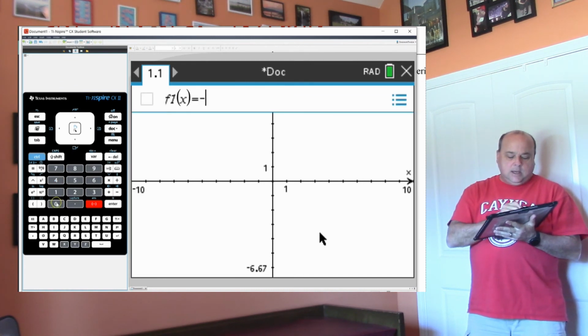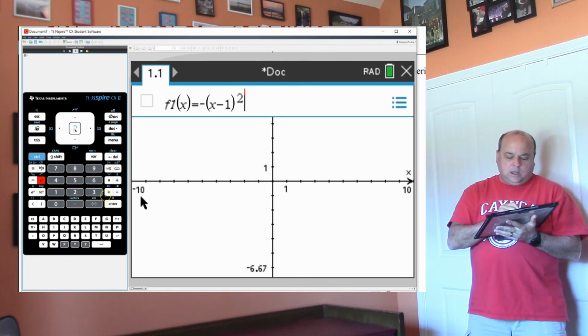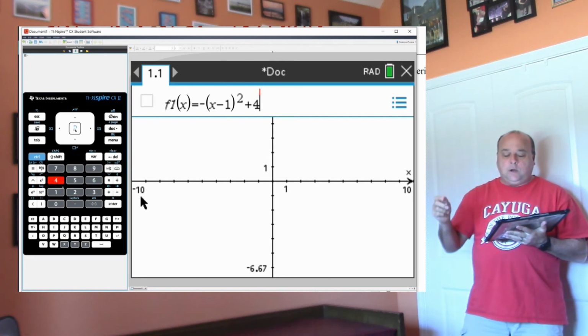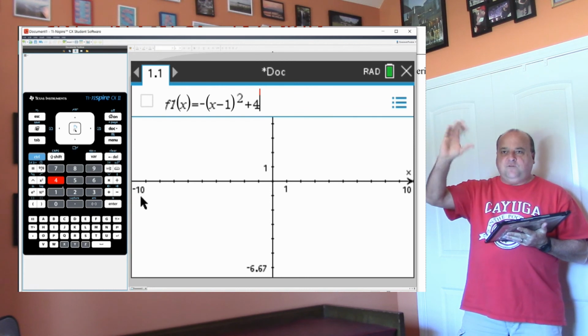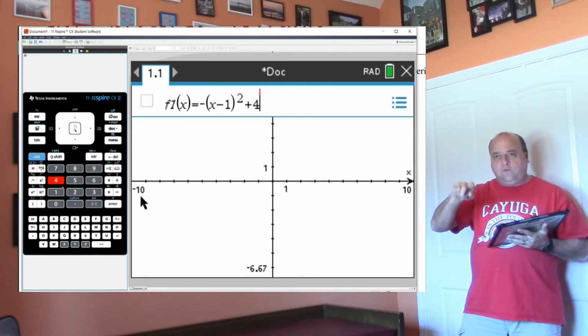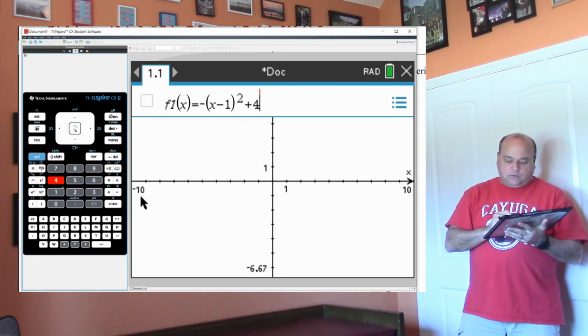Negative parentheses, not negative x: negative parentheses, x minus 1, make sure you don't use the negative sign, close the parentheses, squared, plus 4. The negative is going to flip it, and the vertex is 1 comma 4: over 1, up 4. So let's graph it.